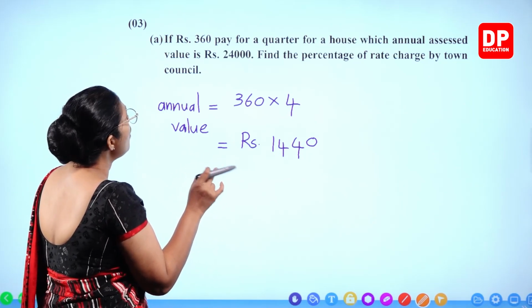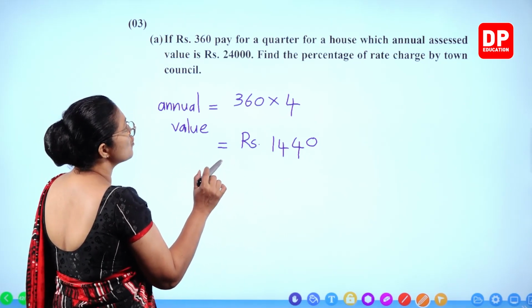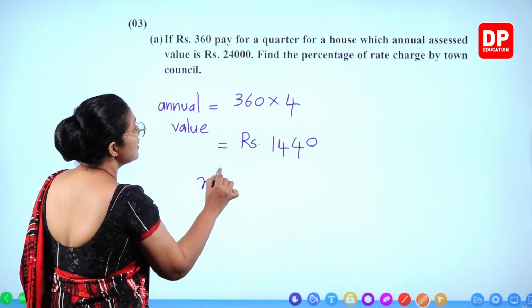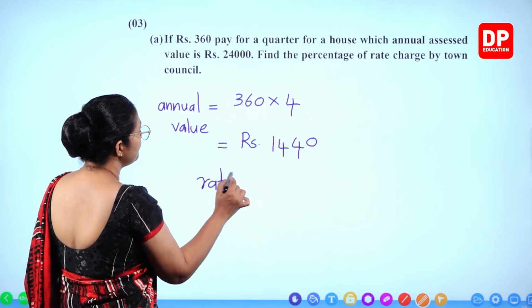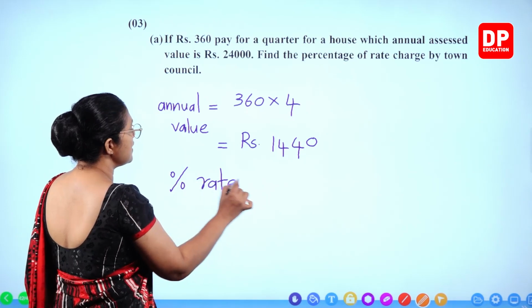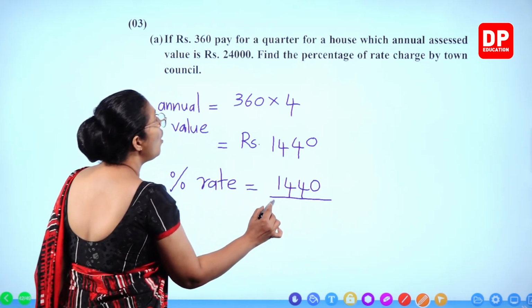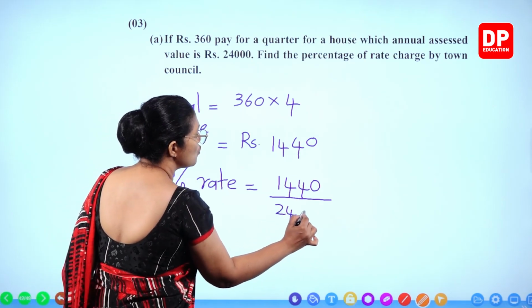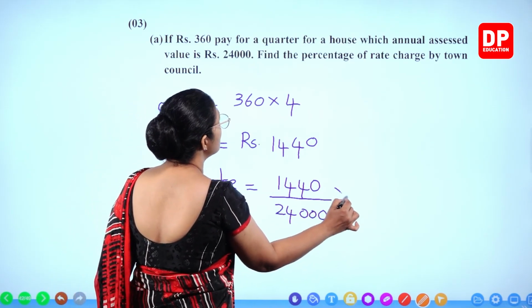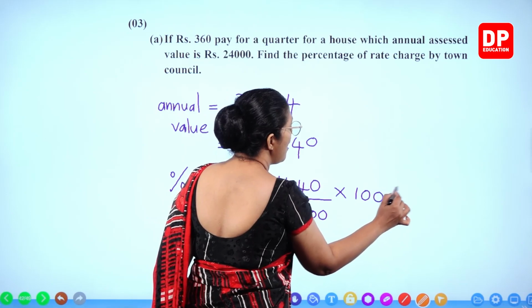So paying as rates, this is for assessed value is 24,000. So what is the rate? Percentage rate is equal to 1,440 paying for 24,000. So you have to divide by 24,000 and multiply by 100%.